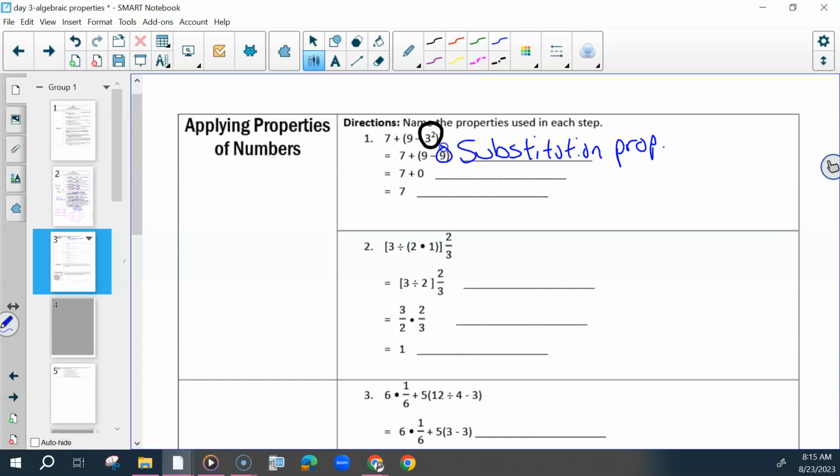Right? From this one to this one, what changed? The 9 minus 9. 9 minus 9 is now what? 0. So if I'm subtracting, I had a positive and a negative, and I combined them to get 0. Which property is that?